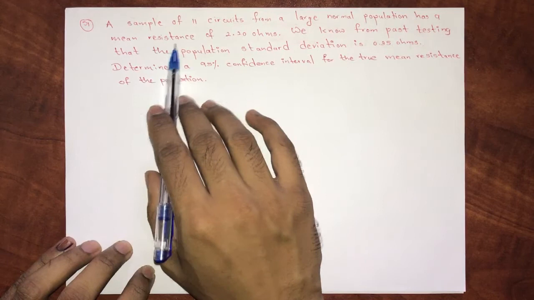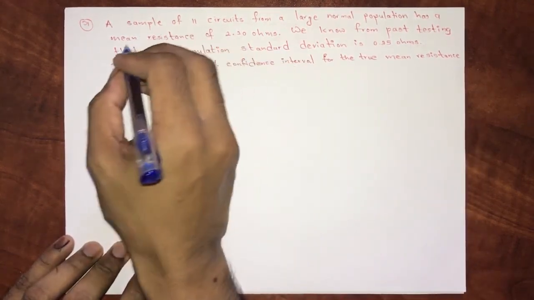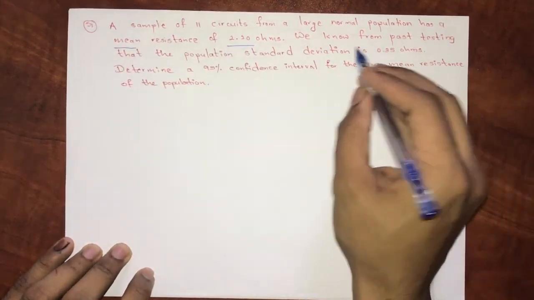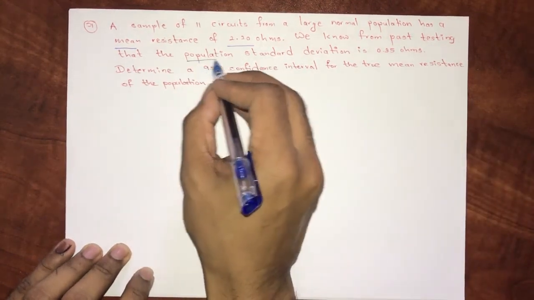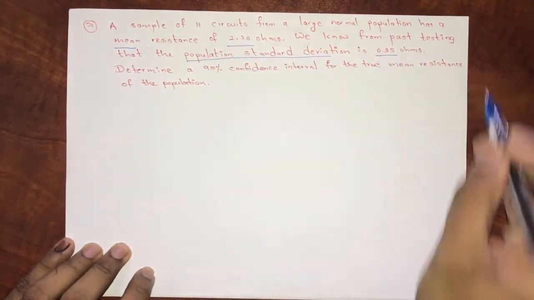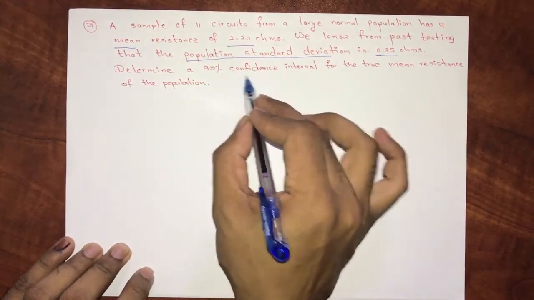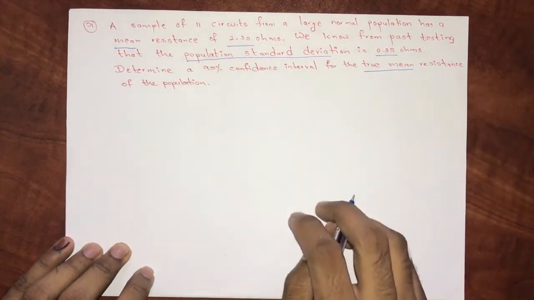So here, let's underline the key things that we need. It says it has a mean of 2.2, and from past testing, population standard deviation. So the population standard deviation is given, right? And what are they asking for? Determine a 95% confidence interval for the true mean, right?